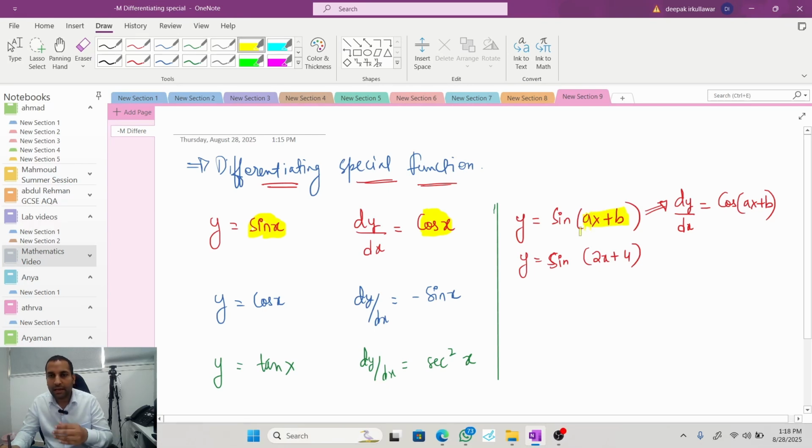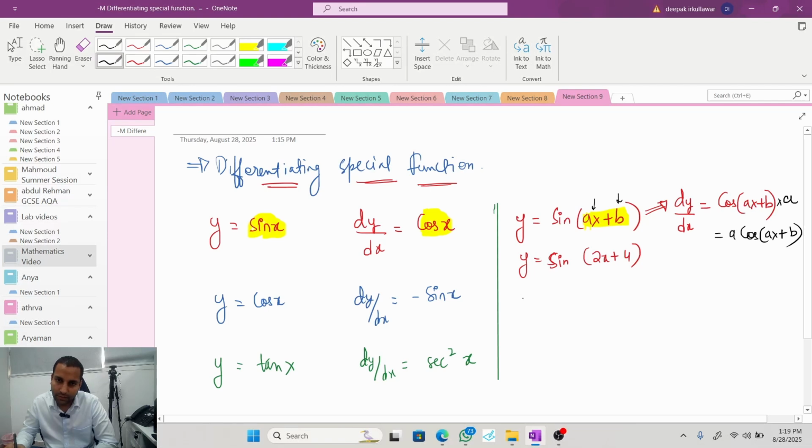In our previous class we have understood that the differentiation of a constant is 0, and the differentiation of 5x or something like that is nothing but 5. So this can be written as times a. So this is a cos ax plus b. This is the formula, this is the differentiation.